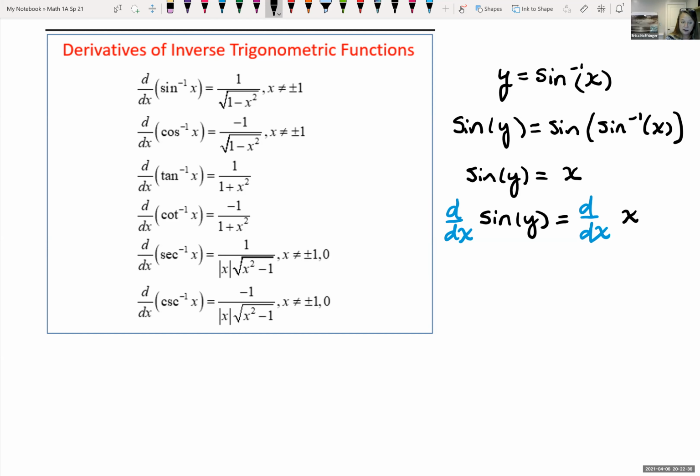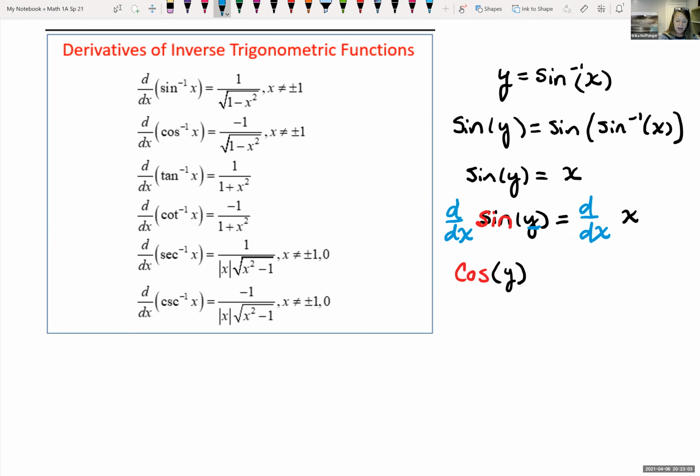So the derivative of the left-hand side, remember y is a function of x, so we have to use the chain rule here. So we're looking at the derivative of the outer, which is sine. The derivative of sine, remember, was cosine of the inner. Well, the inner here was y, times the derivative of that inside.